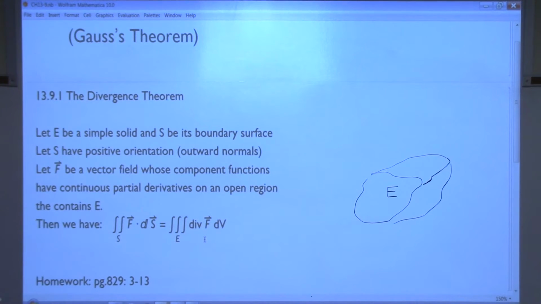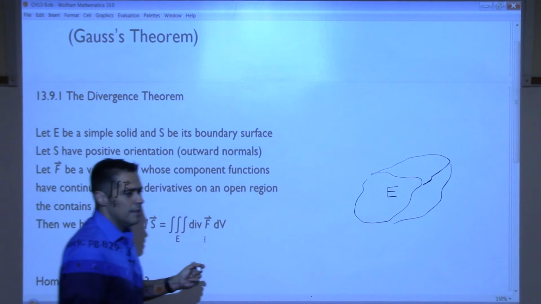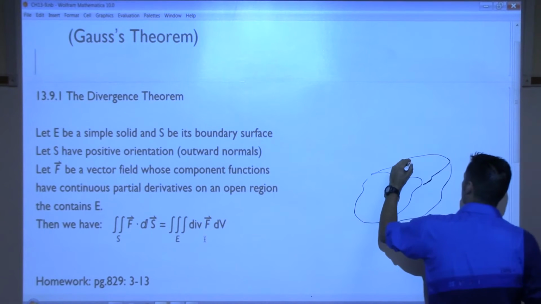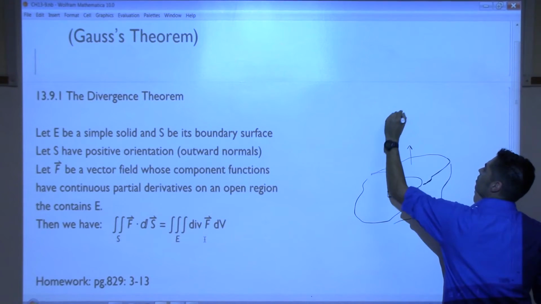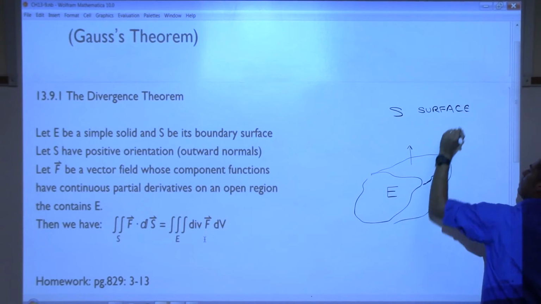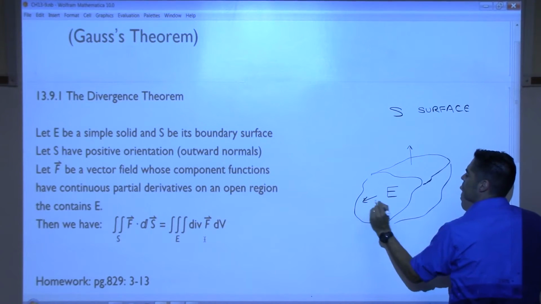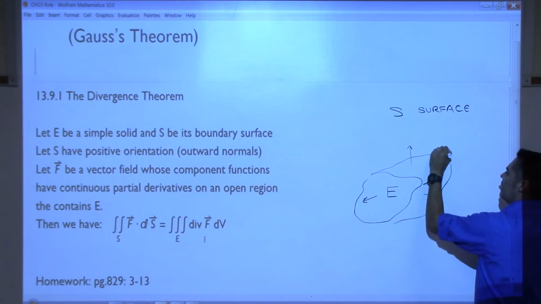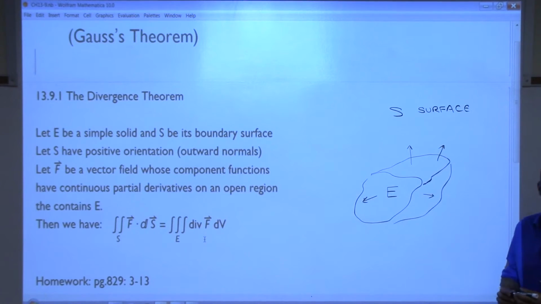Let S have positive orientation, meaning the normal vectors on S are pointing out away from the solid.